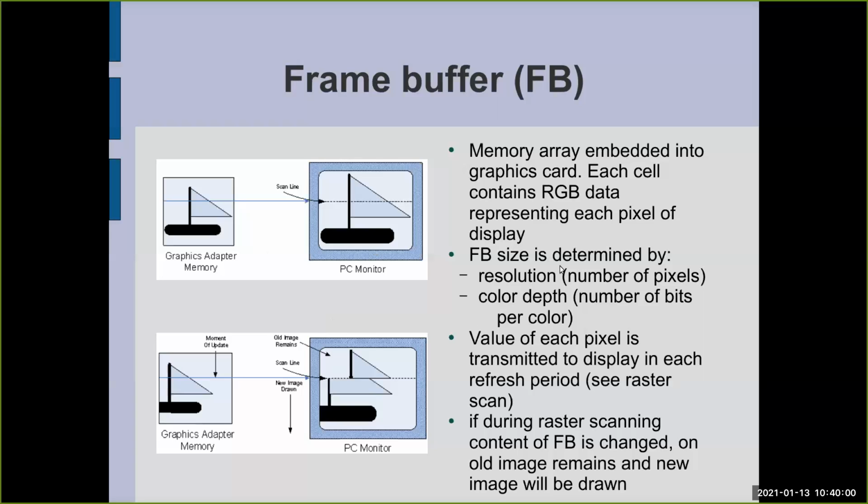So remember that the frame buffer size determines the display resolution, and it determines also the color depth, so the number of bits per color. When we change the image or display resolution, in fact, we change the amount of memory which is allocated for the frame buffer.